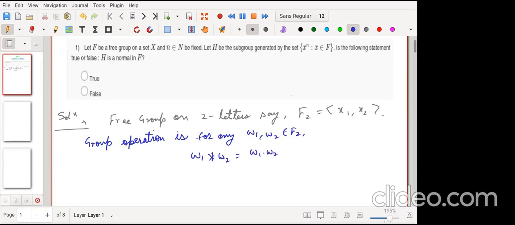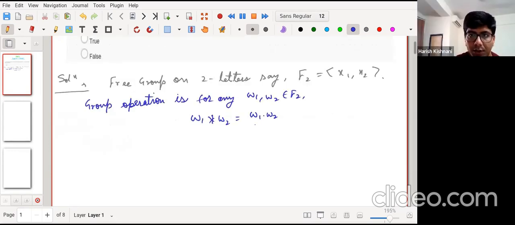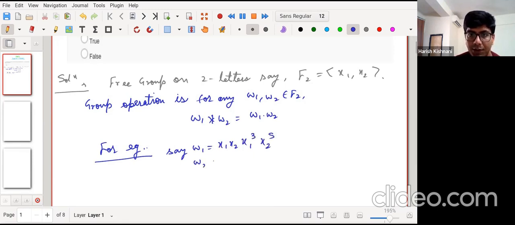Okay. So for example, say W1 is x1 x2 x1 cubed x2 to the 5, and your W2 is just x2 x1 x2 to the 4, something like that.